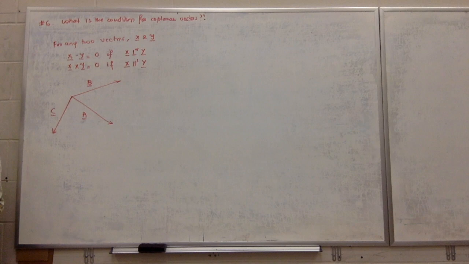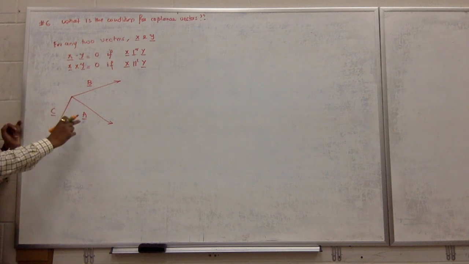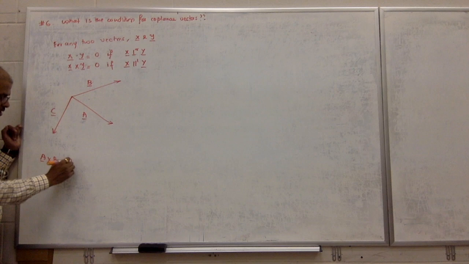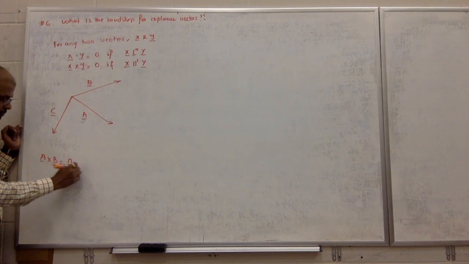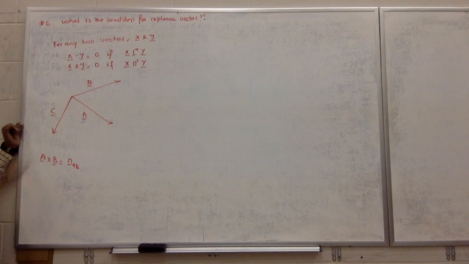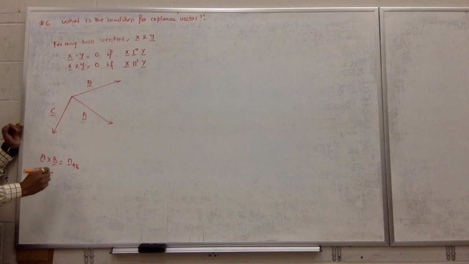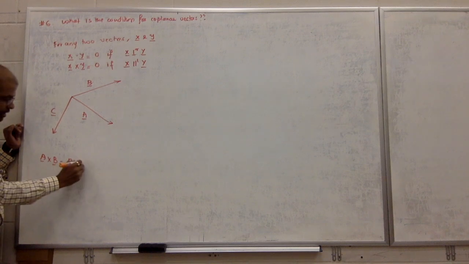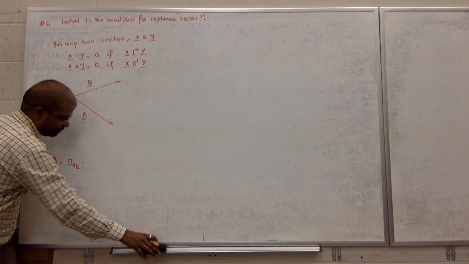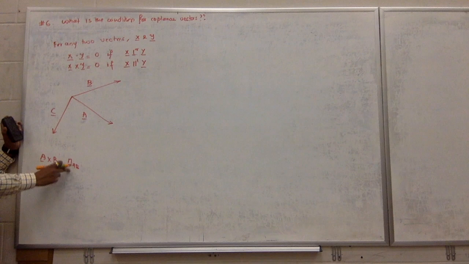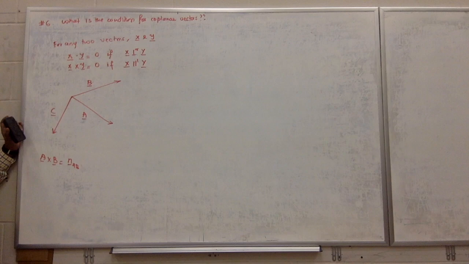You got it? So knowing this, if you take A cross B, this will be N_AB, the normal vector to A and B. And if you dot this vector with C, this N_AB will also be perpendicular to C if C is also in the same plane, right?